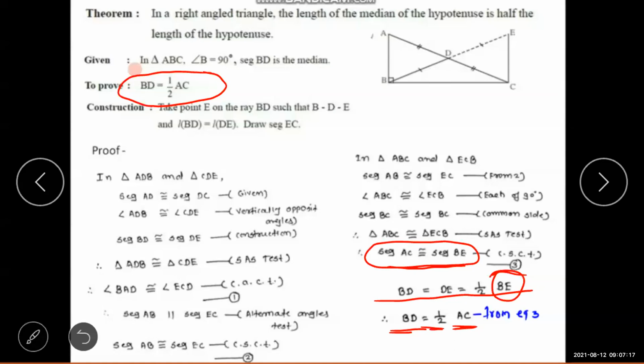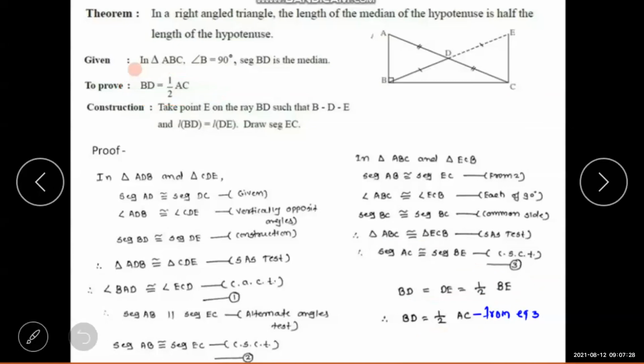So I replace this BE with segment AC. And the reason is from equation 3. That's what we have to prove, that BD equal to half of AC. Here, we proved it. This property is useful in the solution of practice set and problem set.